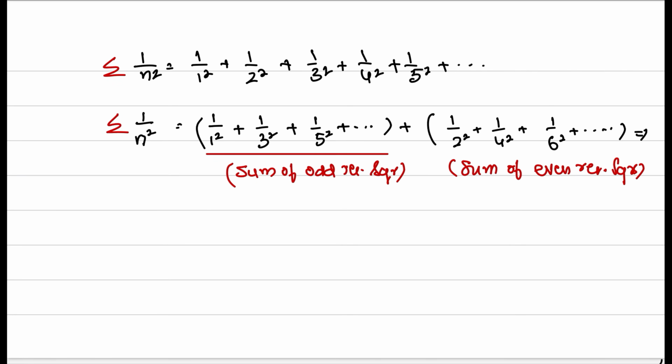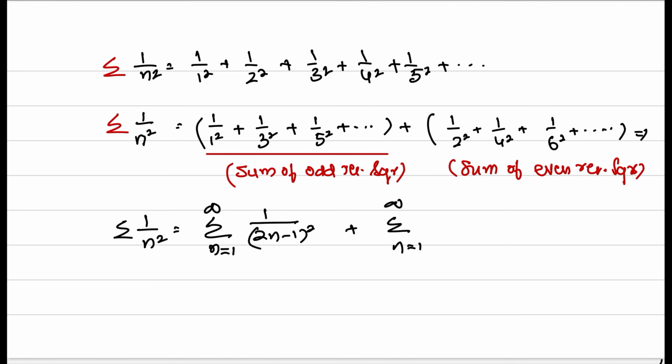That implies sigma 1 by n square is equal to sigma 1 by (2n minus 1) whole square from n equal to 1 to infinity plus sigma n equal to 1 to infinity 1 by (2n) whole square.